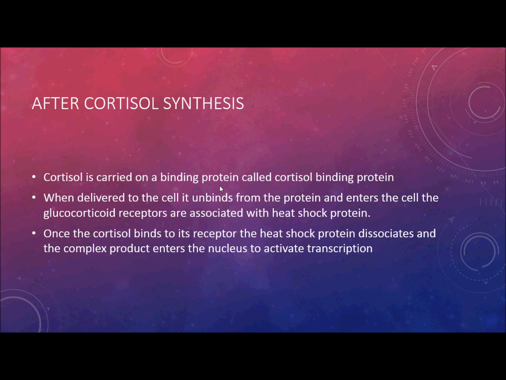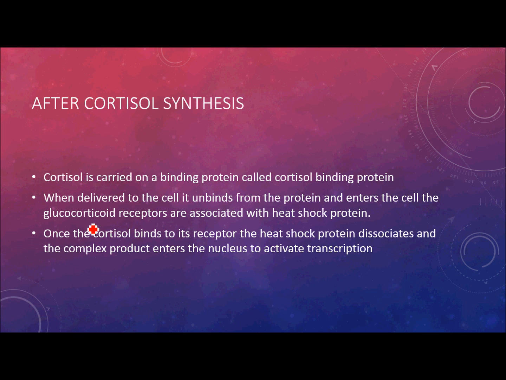After the cortisol synthesis, the cortisol is carried on a binding protein called cortisol binding protein. When it is delivered to the cell, it unbinds from the protein and enters the cell. The glucocorticoid receptors are associated with heat shock proteins.